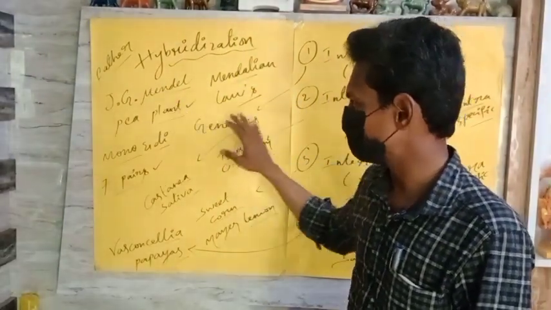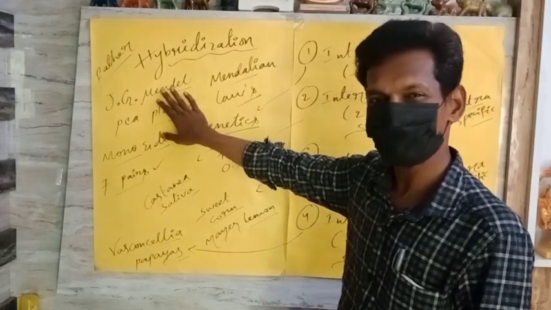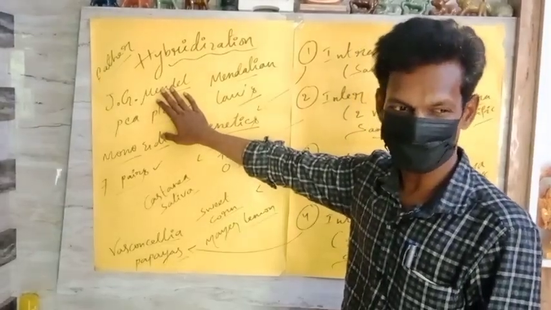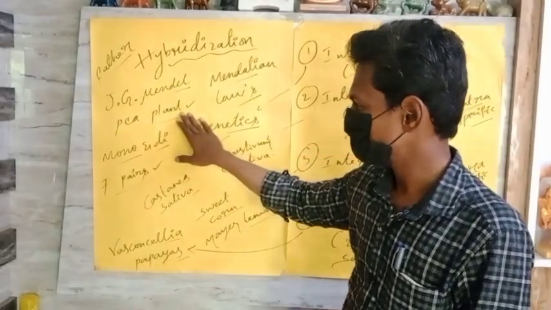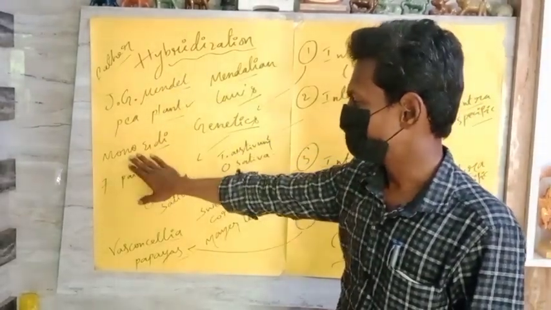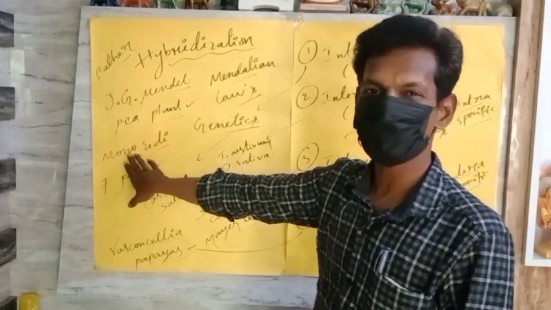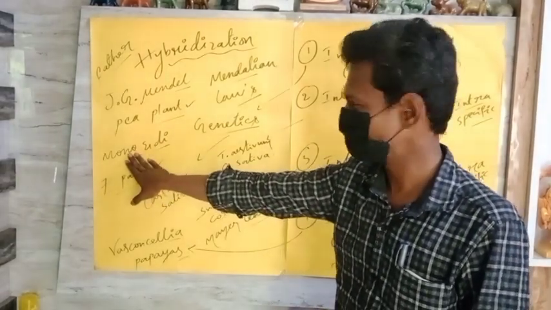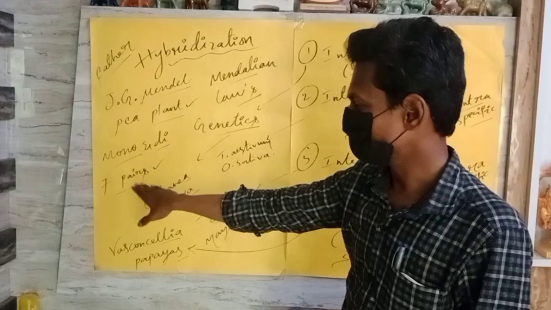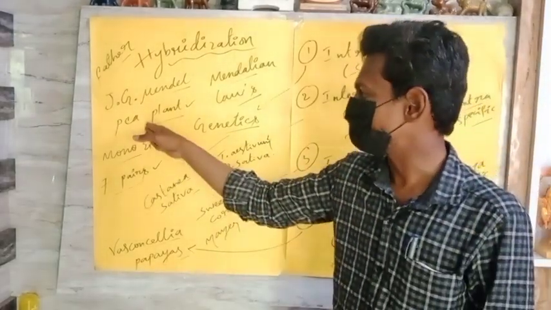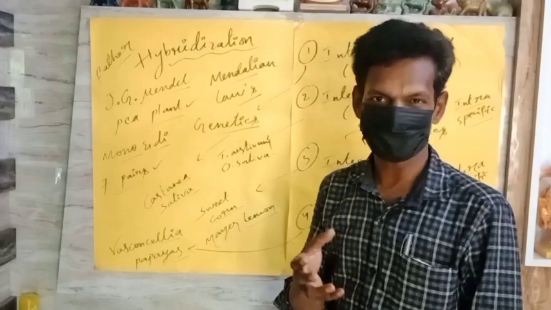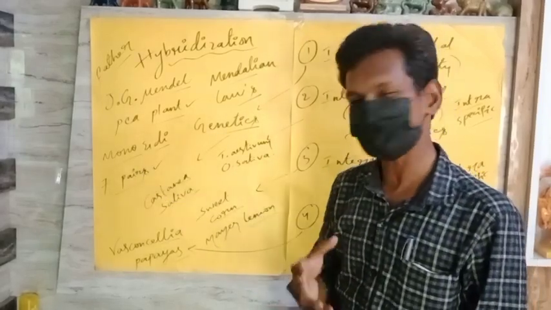The father of genetics, Gregor John Mendel, used the pea plant for his hybridization experiments, that is monohybridization and dihybridization. He considered 7 pairs of contrasting characters in the pea plant, Pisum sativum.